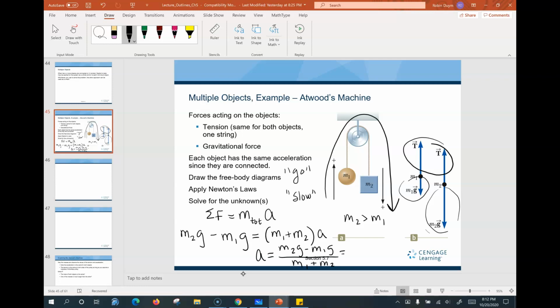And we always like to clean it up a little bit, and we say m2 minus m1 all over m1 plus m2 times the acceleration due to gravity. This way you can look and see that this acceleration depends on a ratio of those masses and the acceleration due to gravity.